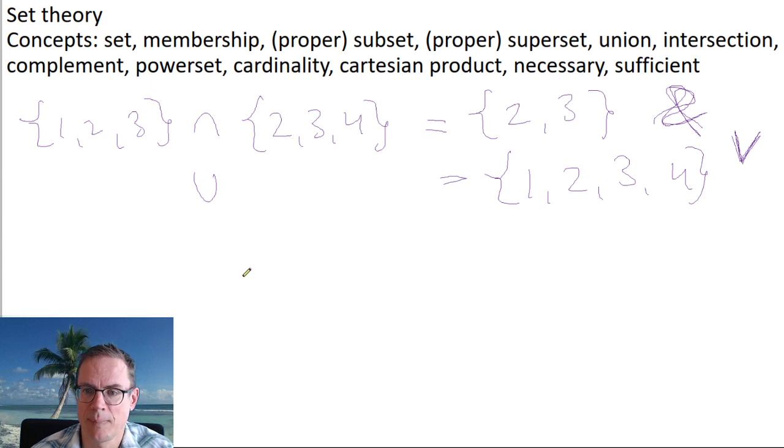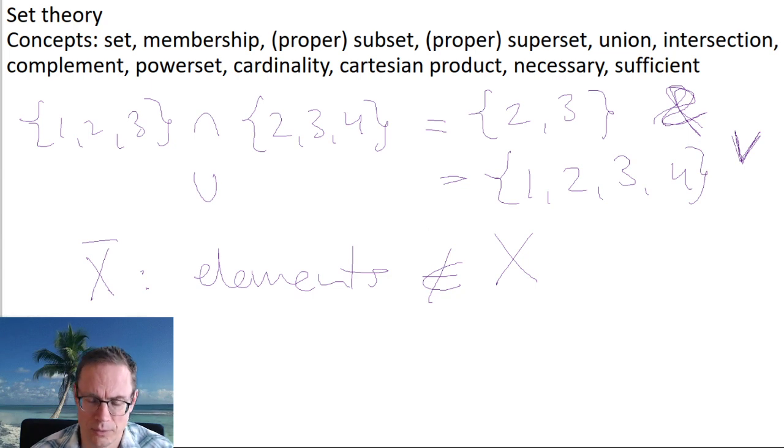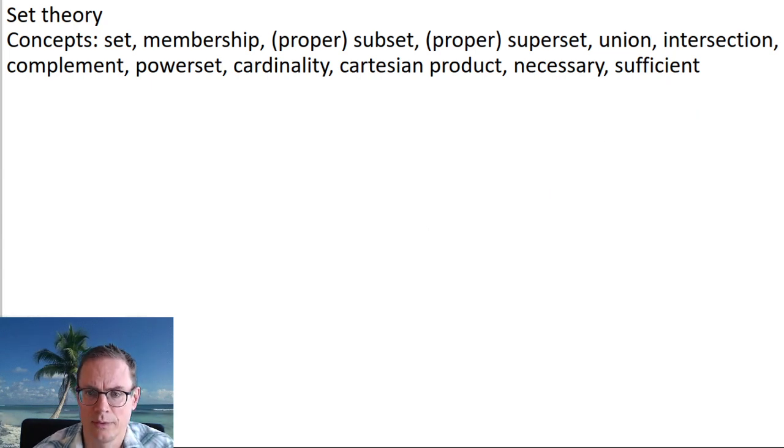Okay, then we have the complement. The complement of a set X is basically all the elements that are not in X. Now, usually you have to know the domain when you take the complement.